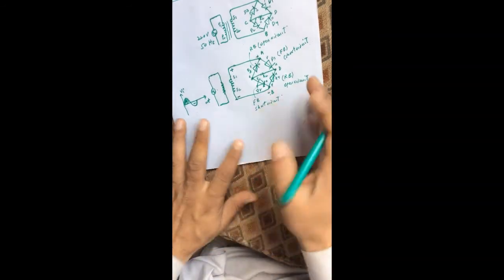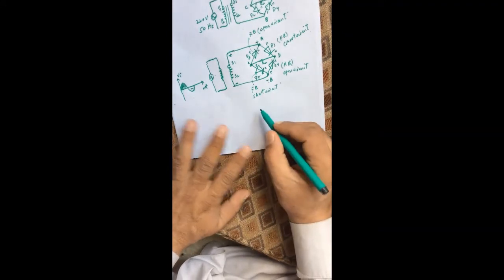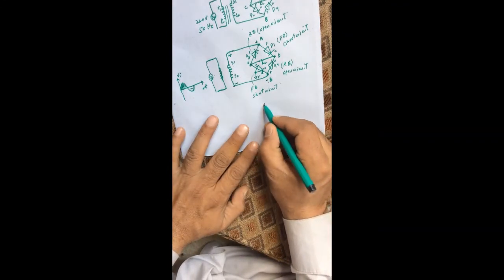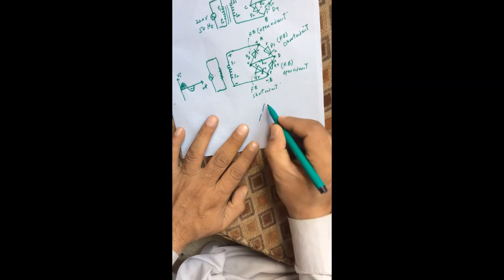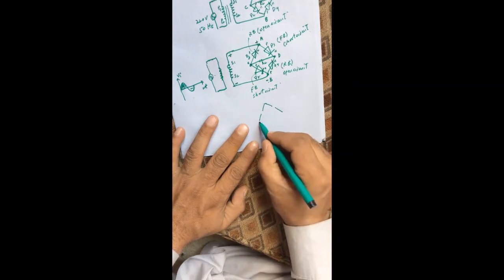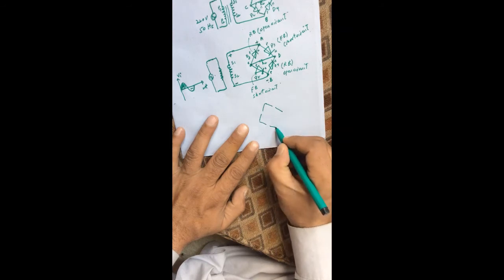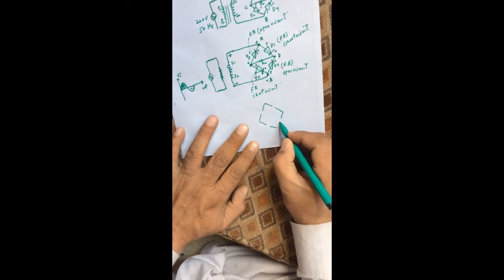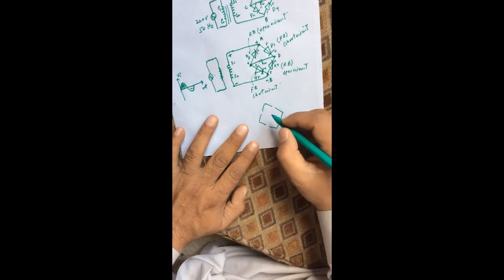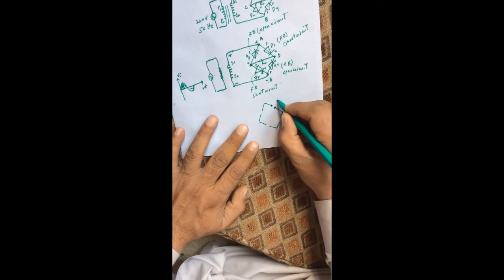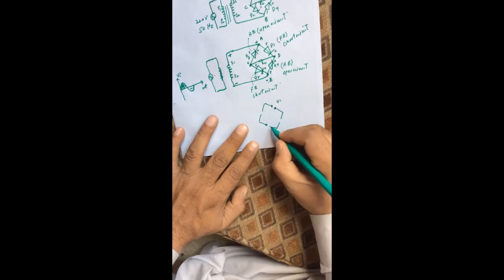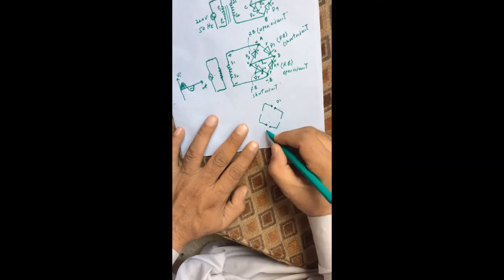Now I will plot this figure again. Now this is diode D1 and this is diode D2.